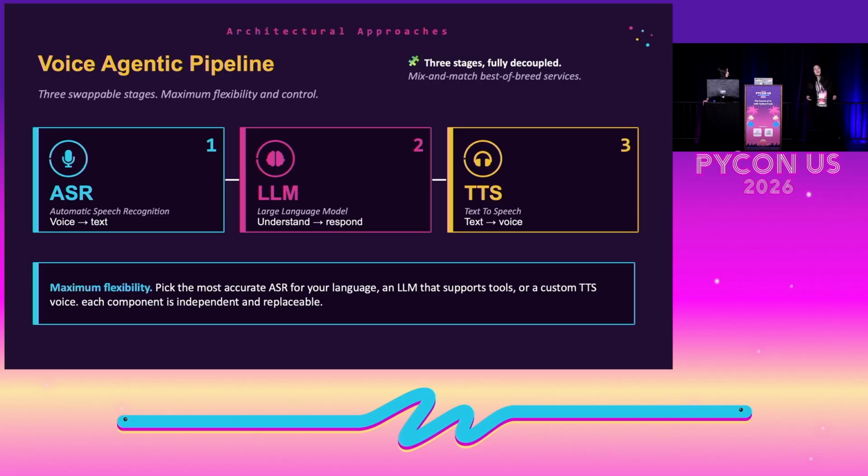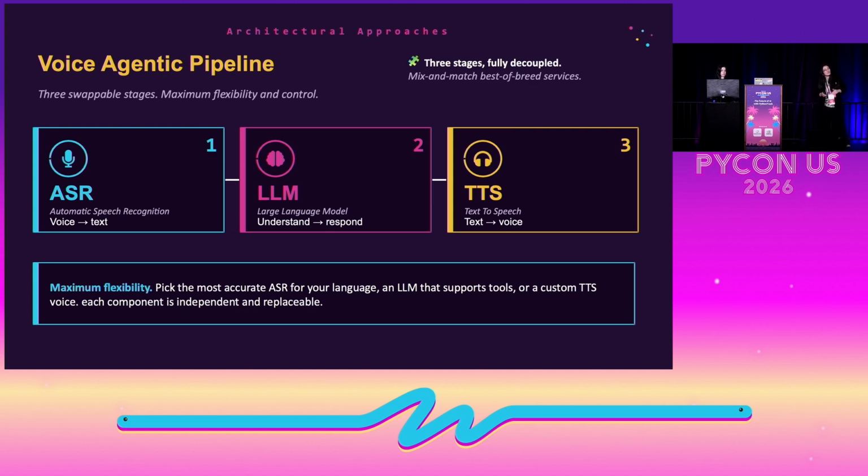So in order to build a voice AI agent, we have two architectural approaches to make it. The first one is called the voice agentic pipeline, in which you have these decoupled components, which are first the ASR, that is the automatic speech recognition, which is you say something to the agent, and then the transcription does the magic.